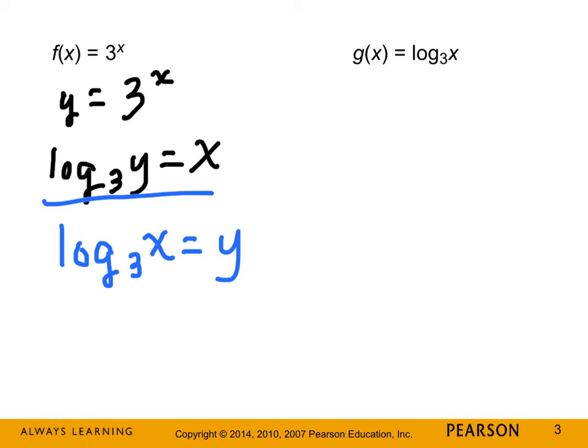Well, then I solve for y. It's already solved for y. So this is the inverse function of this. And log base 3 of x equals y is really the same thing as g of x, which you could change and put y equals log base 3 of x. So they actually are inverses of each other.